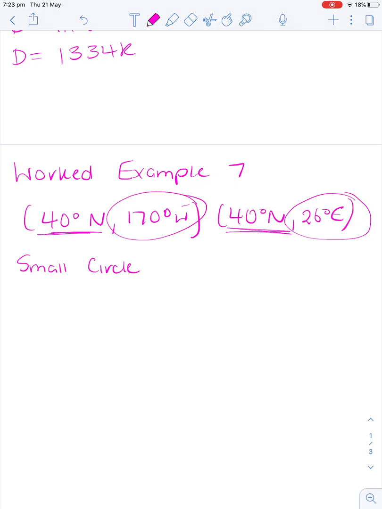Now, the same rule still applies. If they are on the same side of the equator, we take away, and if they're on opposite sides, we add. So because they're on opposite sides, we're going to add, which is 196 degrees. Now, with a small circle, we always want the shortest angular distance.